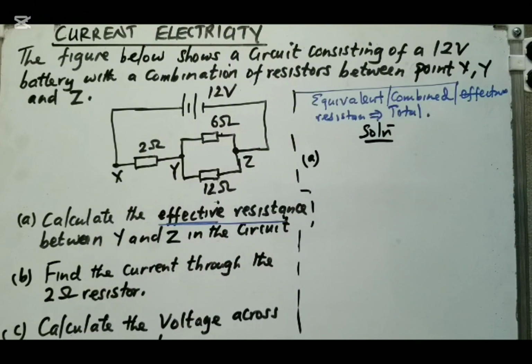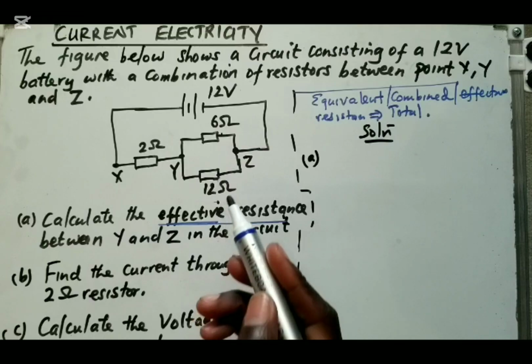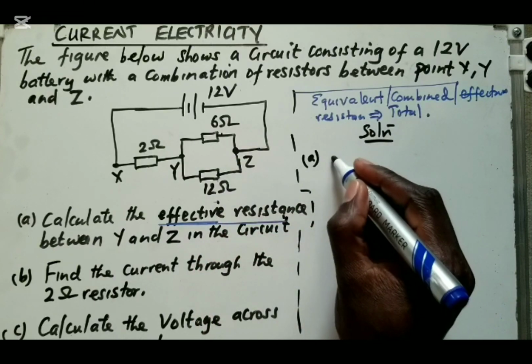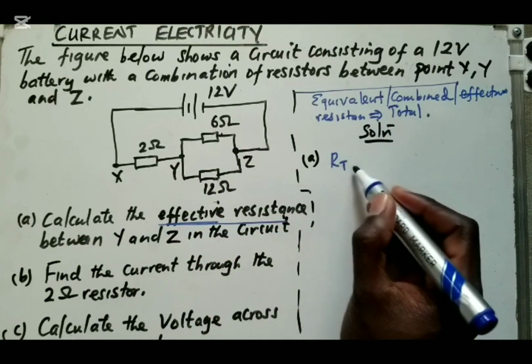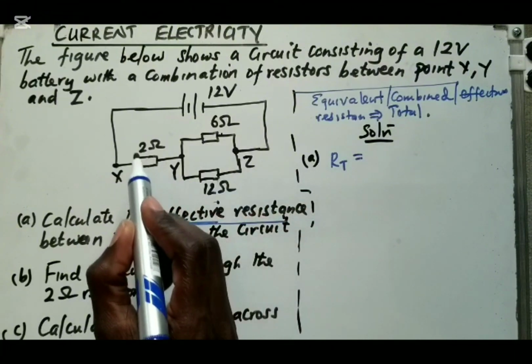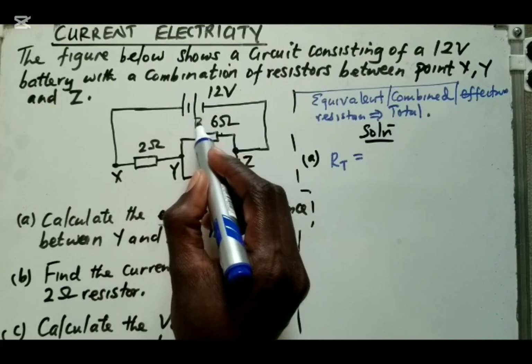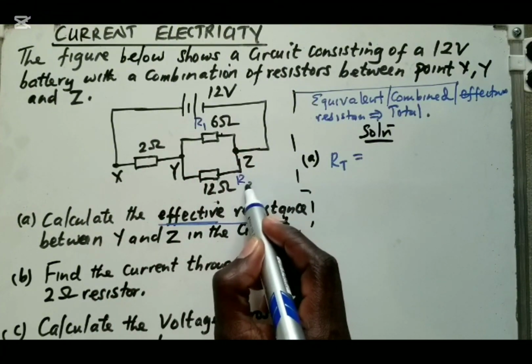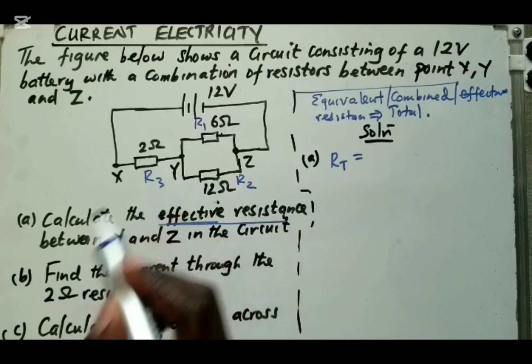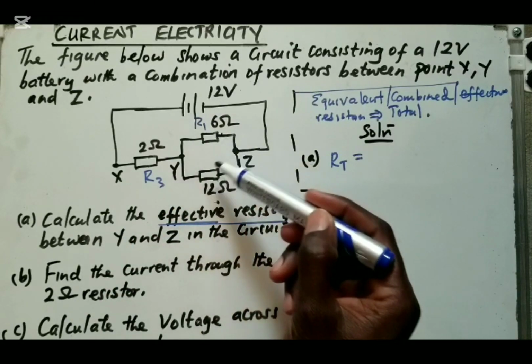It's very simple. If you have got two resistors that are arranged in parallel, then the total resistance R total is equal to, let's take for example, this is R1, and let me call this one R2, and this one R3.